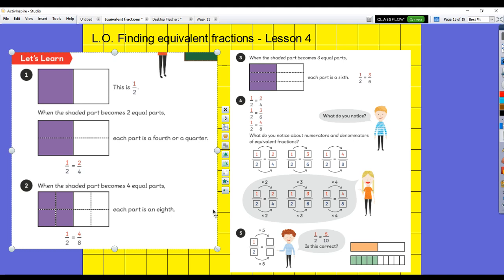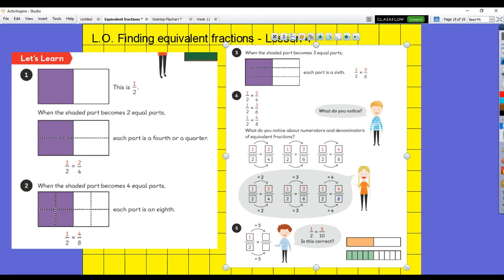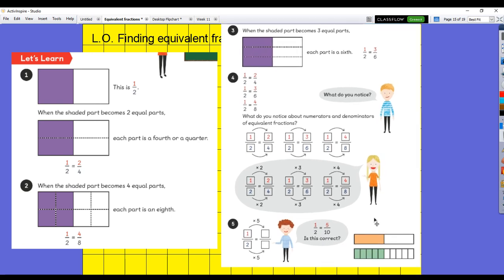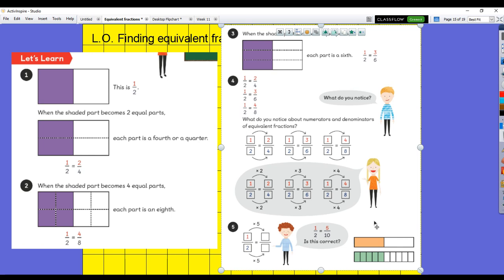When the shaded part becomes 4 equal parts, each part is an eighth. Like we know, we can split it into 8 equal parts and have 4/8, which is another equivalent fraction. Okay? When the shaded part becomes 3 equal parts, each part is a sixth. Okay? So 1/2 is equivalent to 2 quarters, 1/2 is equivalent to 3/6, and 1/2 is equivalent to 4/8.